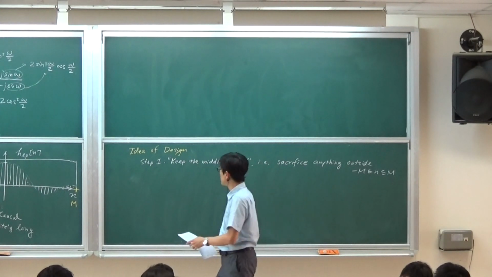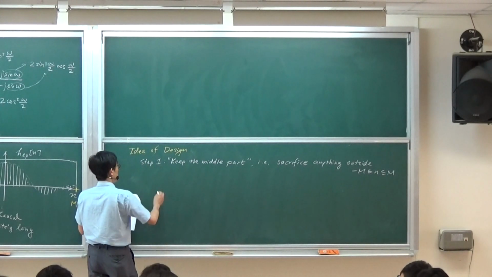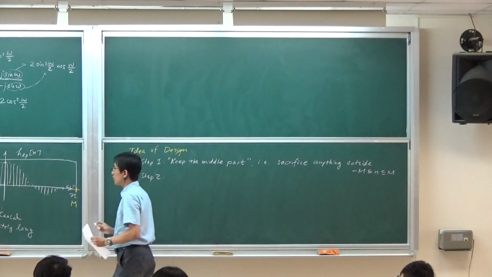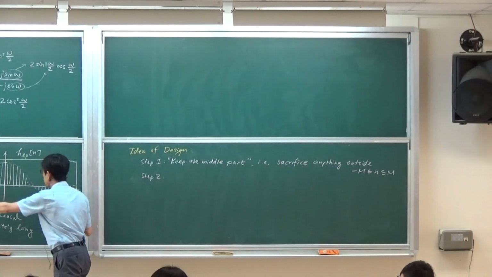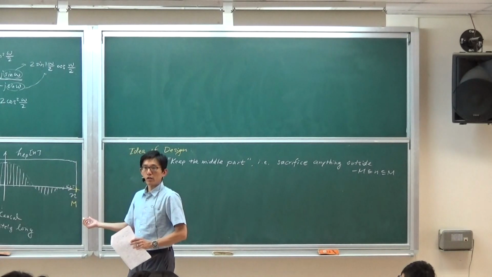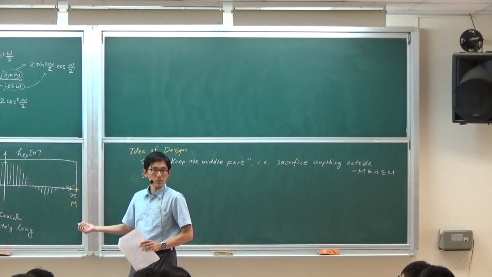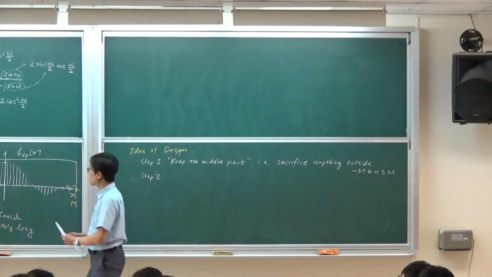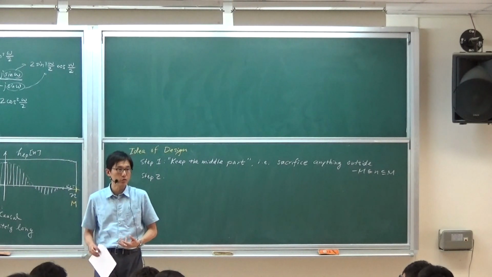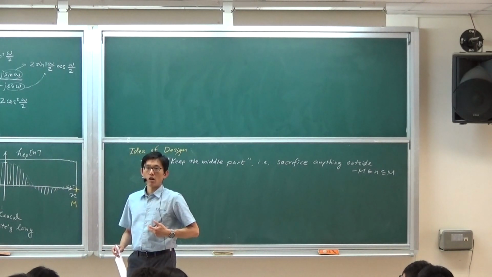So that is a good first step. And secondly, if we keep the part from minus N to N, strictly speaking, this filter is not causal yet. Because for the negative time part, from minus N to minus 1, we still have some non-zero samples. So strictly speaking, this filter is not causal yet.